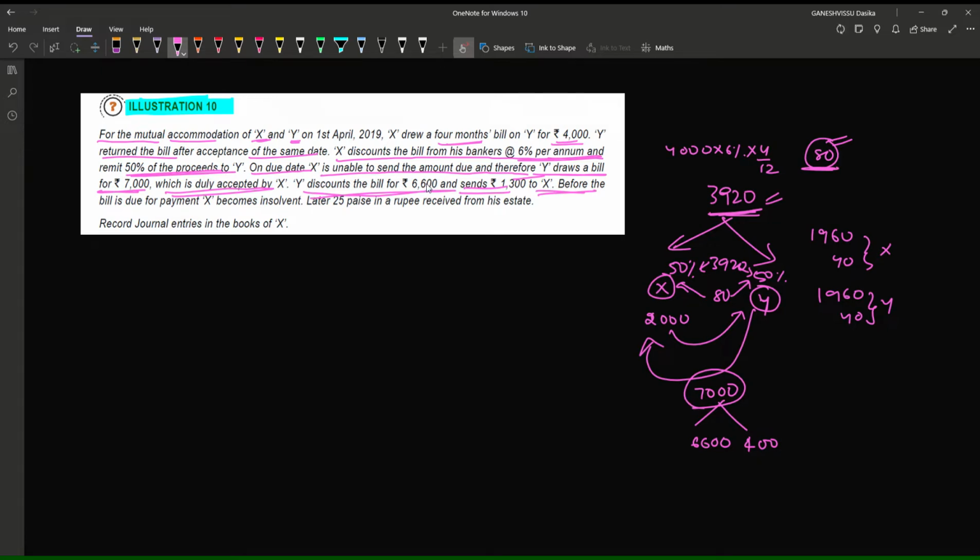Y discounts the bill for 6600 and sends 1300 rupees to X. So out of the 6600 he has received, he has sent 1300. That means 6600 minus 1300, so the amount which is left with Y is 5300. Before the bill is due for payment, X becomes insolvent.